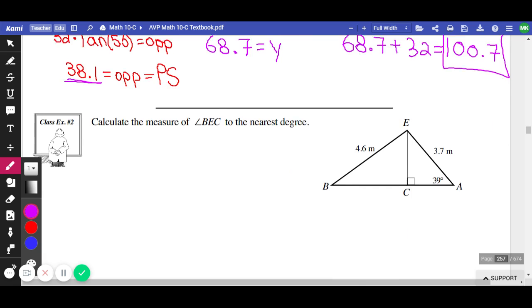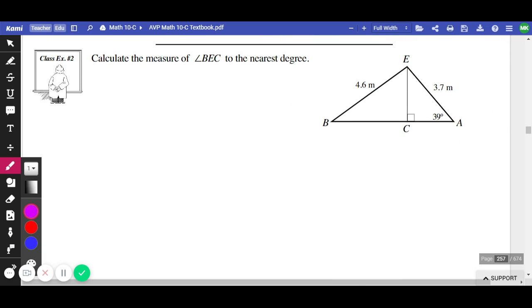There's one more here. Calculate the measure of B to E to C. BEC is this guy right here. You'll notice that it's part of a big triangle that's not a 90-degree triangle. However, I could break it into two chunks: that chunk right there, which is part of a 90-degree triangle, and this chunk right here, which is part of another 90-degree triangle.